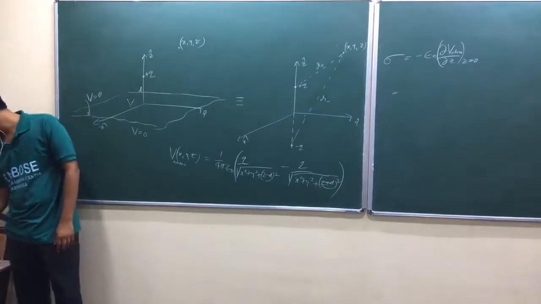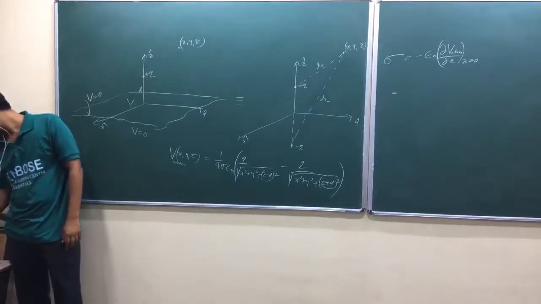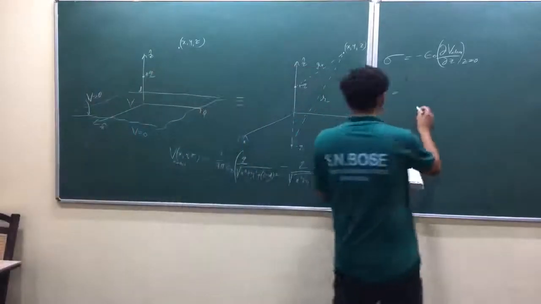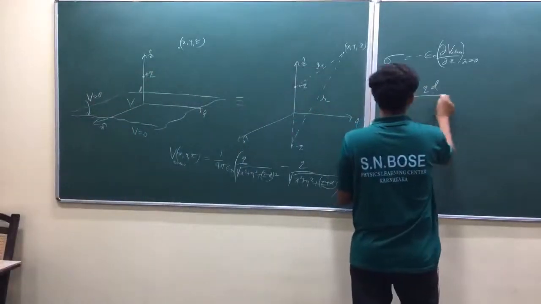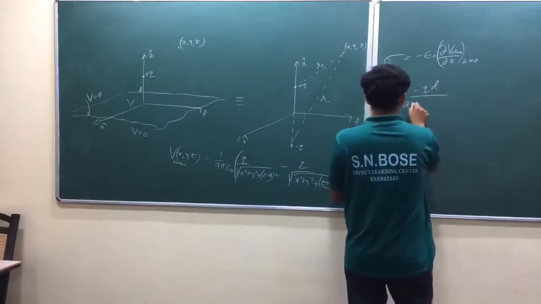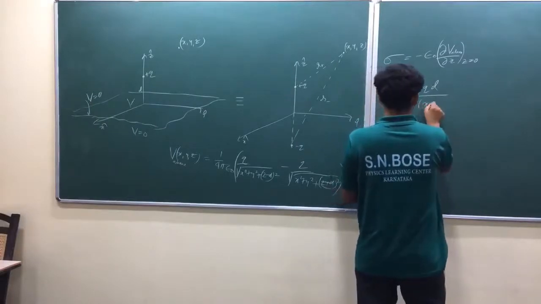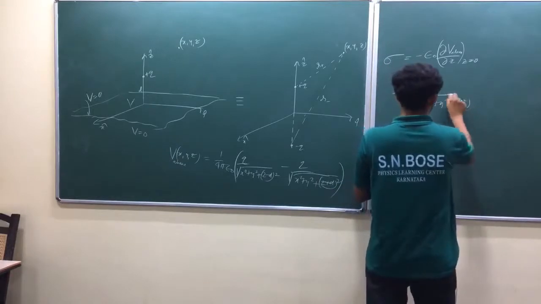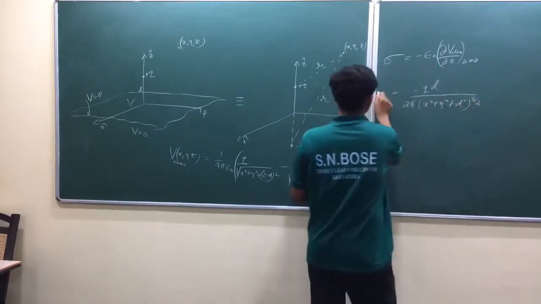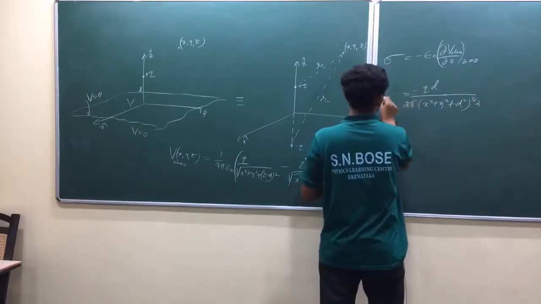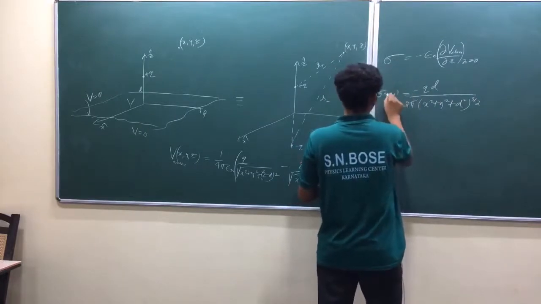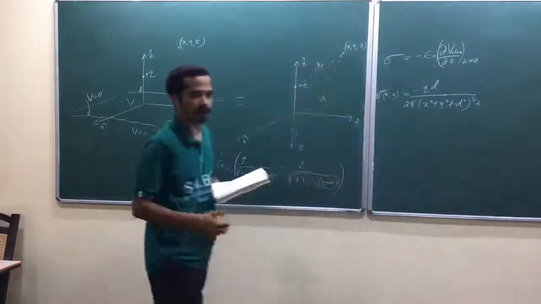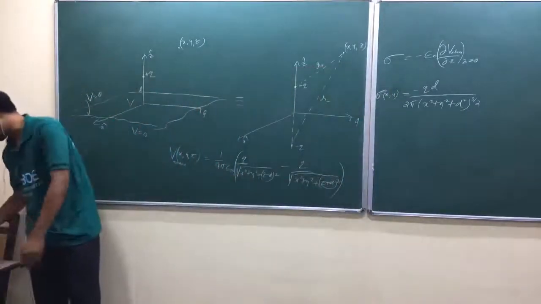So when you put z equal to 0, sigma x comma y is minus q into d whole divided by 2 pi, x square plus y square plus d square whole power 3 by 2. Check it out. That's how we write the surface charge density, obviously negative.